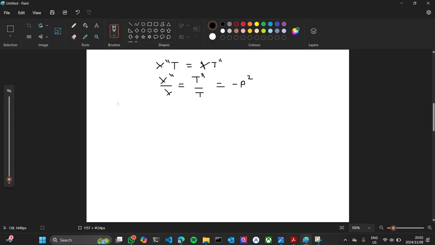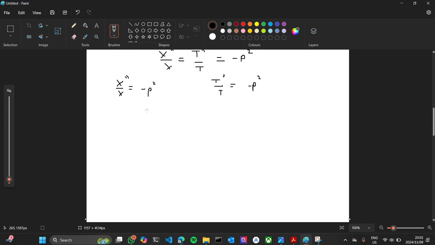So we can then write each one of them equal to this and solve for it. So you've got x double prime over x is equal to minus p squared, and then t double prime over t is equal to minus p squared.